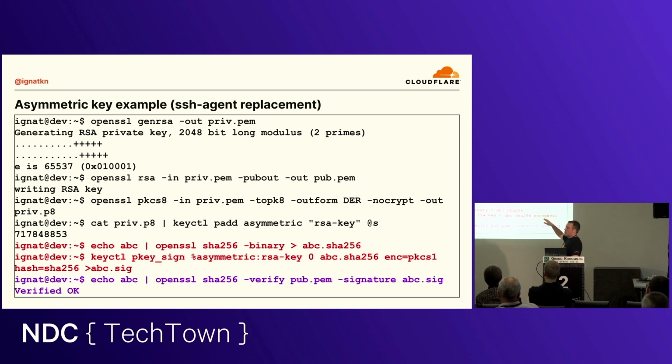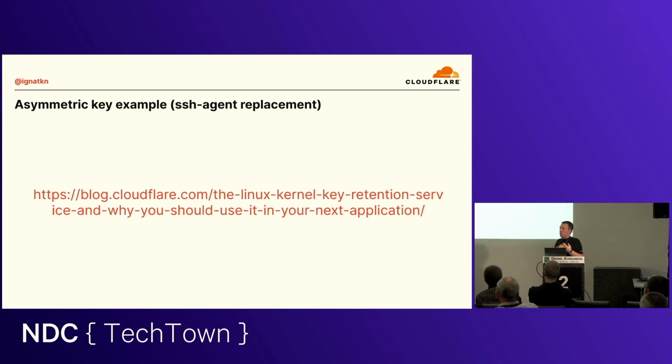Using these asymmetric keys, we can re-implement the SSH agent model fully inside the kernel, without the need to run a separate agent process. I will not present the example here, but I will refer to our blog post, which has a patch for that.